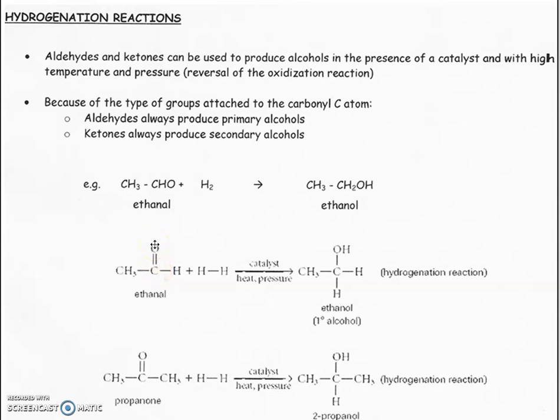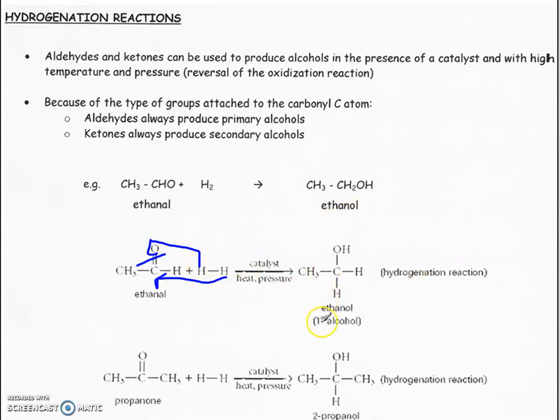So if you have an aldehyde and you add hydrogen, this bond will break. You end up getting one hydrogen going to the oxygen, one hydrogen going to the carbon. So it's kind of like the opposite of our oxidation.